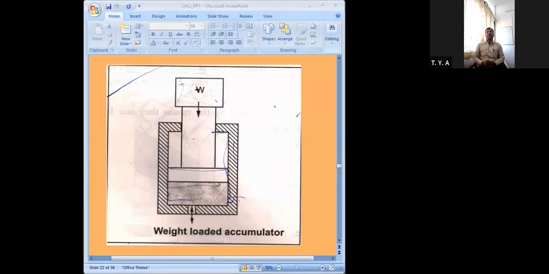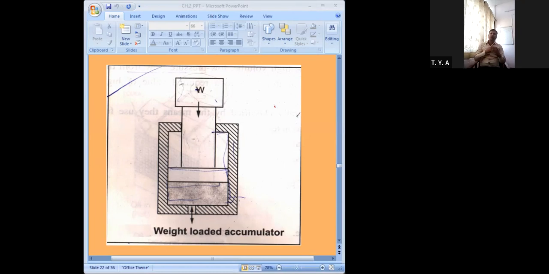Along with these advantages, we have some basic disadvantages also. This weight loaded type of accumulator is not often used in modern hydraulic systems because of the following points. Why is it not used in modern hydraulic systems? Because this type of accumulator is normally very heavy and expensive.